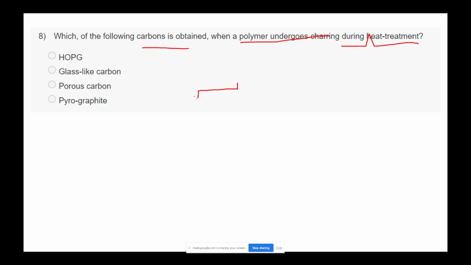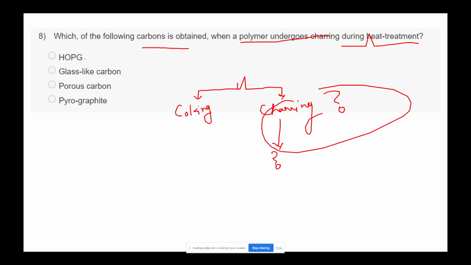The first one is coking, and the next is charring. So it is asking what you will get here.